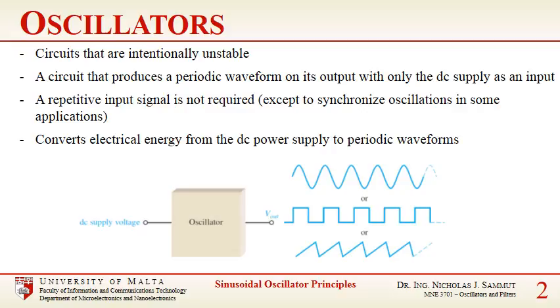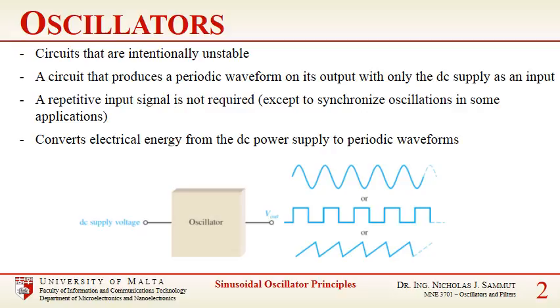Basically, an oscillator is a circuit that produces a periodic waveform in its output with no signal input, and as input it only has a DC power supply. So basically, a sinusoidal oscillator is a source in itself.